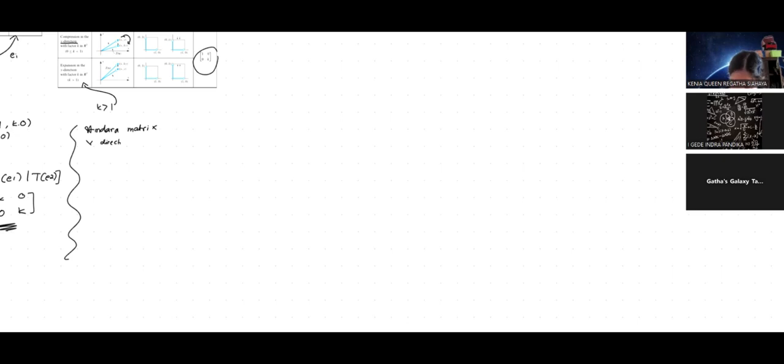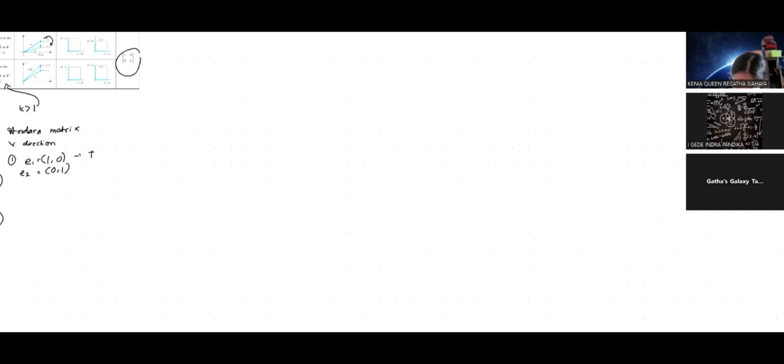For the x direction, the standard basis E1 is (1, 0), and E2 is (0, 1). Then we find the basis images: T(E1) equals (k, 0), and T(E2) equals (0, 1).